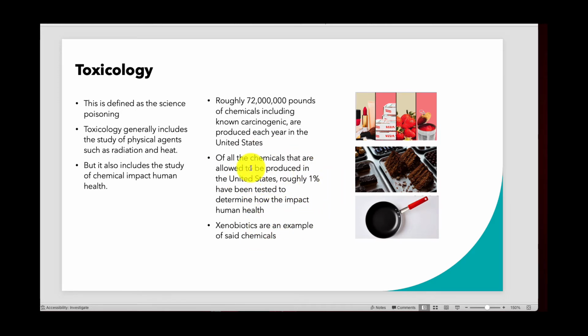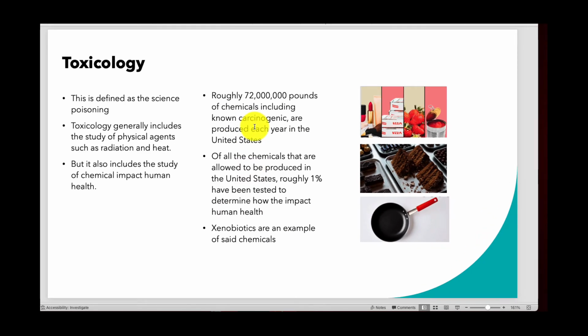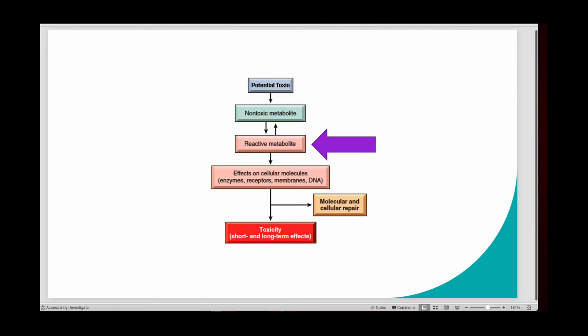So here is a perfect example of how profit over health seems to be the main concern in this country, because our government allows these things to be created. Not only do they allow them to be created, they regulate the creation and the disposal of some of these products, and these chemicals enter our body and they cause havoc.